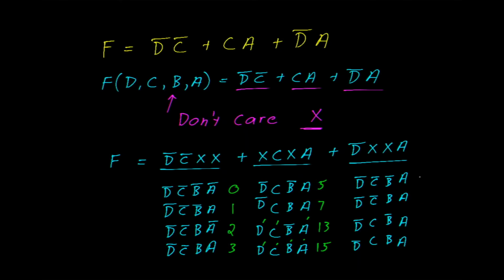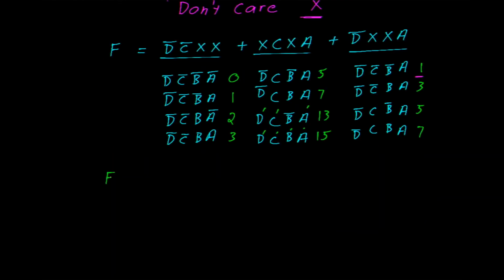This is minterm 1, minterm 3, 5, and 7. You'll notice there's some duplication in here. Minterm 1 appears twice, 3 appears twice, 5, and 7. All of those appear twice.